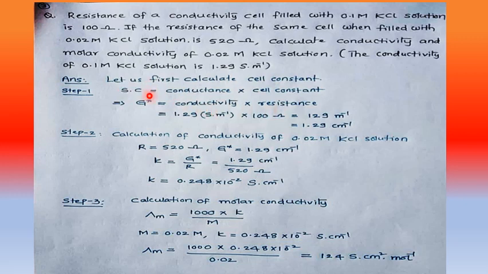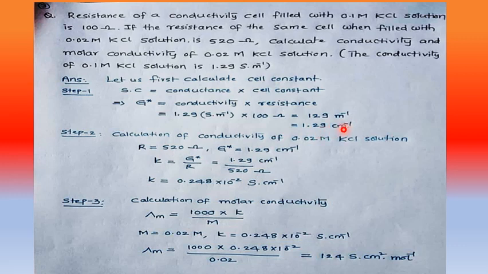So just 1.29 is the conductivity, resistance 100 ohm. By using this last conductivity value, we calculate the cell constant. This is the cell constant value, finally 1.29 centimeter inverse.